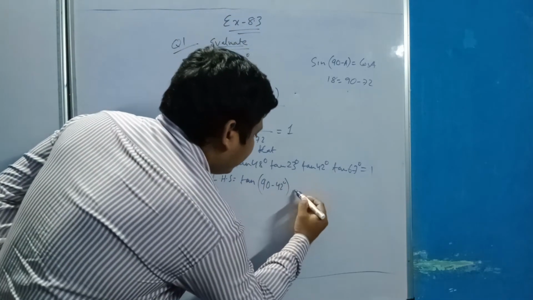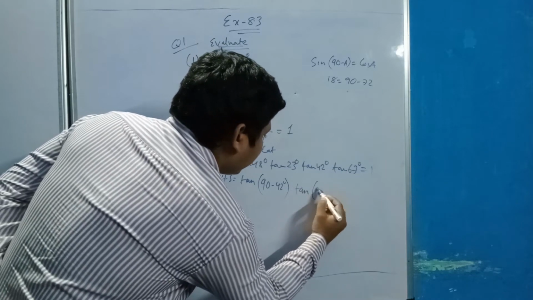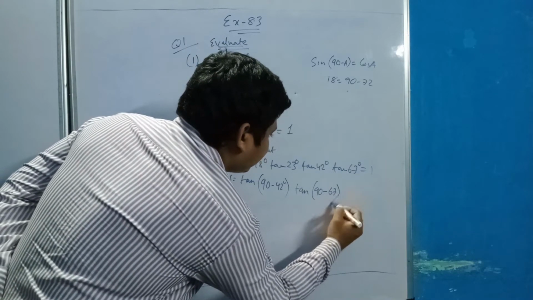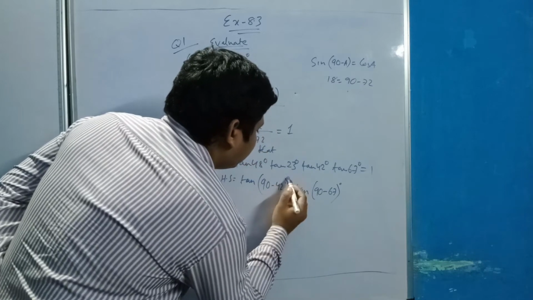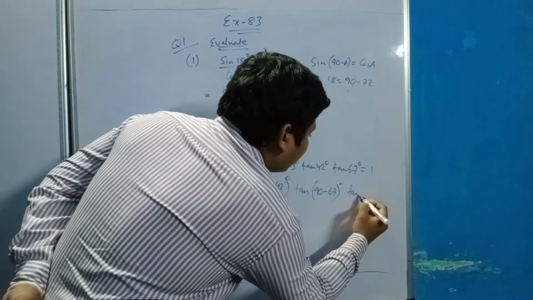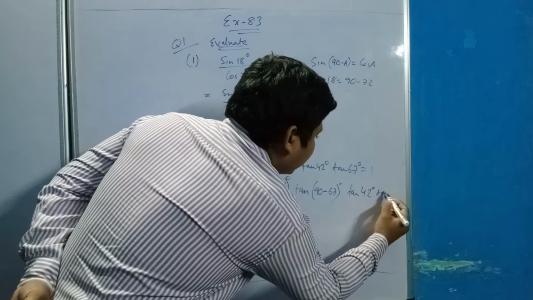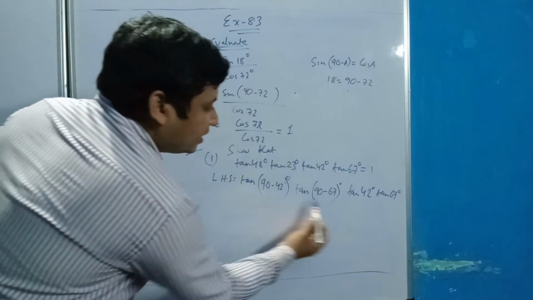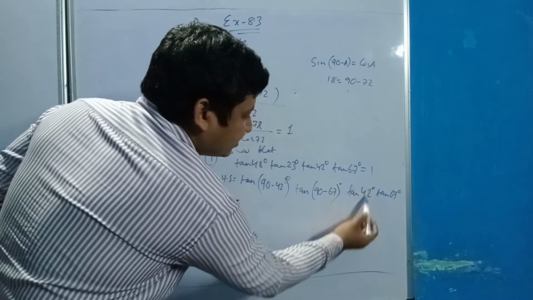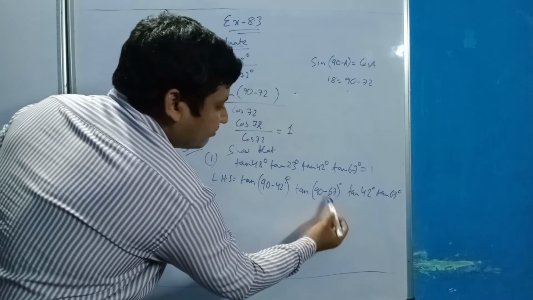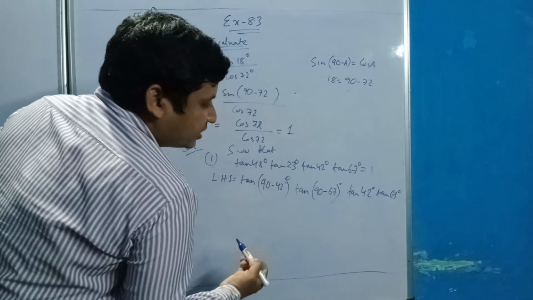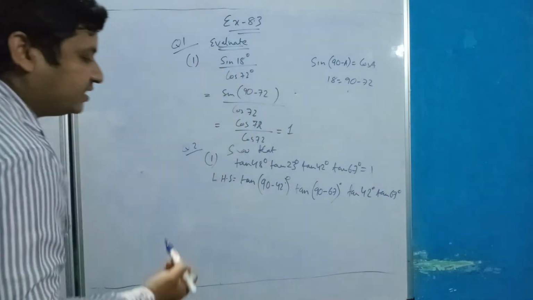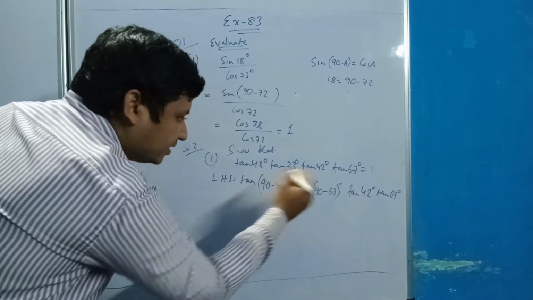Next, tan 23 can be written as tan(90 minus 67). Then tan 42 degree and tan 67 degree. I saw 42 here and 42 here, so I didn't change this one. Again, here I have 67 and I am not changing it. So one I change, the other I keep.